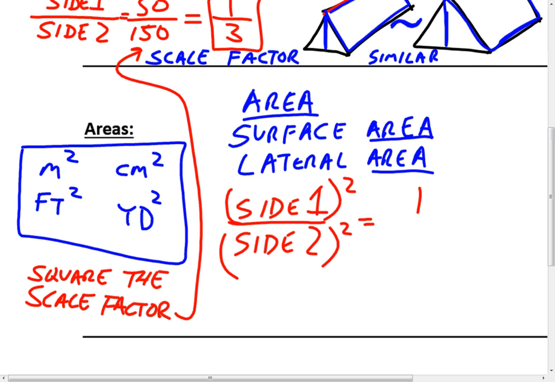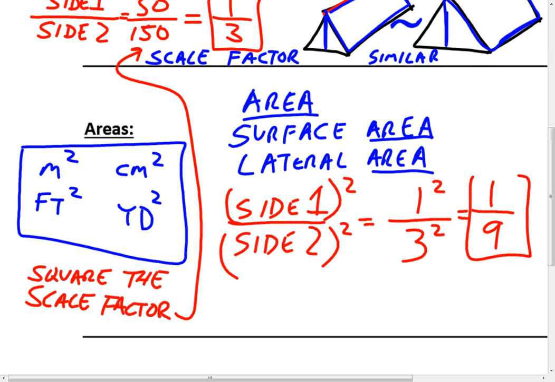In this case, we have a 1 and a 3 that are being squared. What's 1 squared? What's 3 squared? 9. So the ratio of the areas of my two similar figures are not 1 to 3, they're going to be 1 to 9. Does it make sense? We have units that are to the power 2, our ratio is to the power 2.